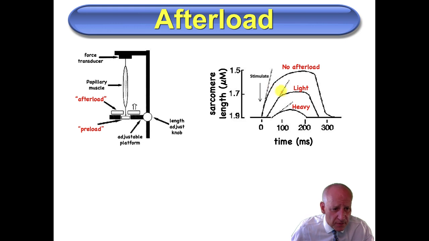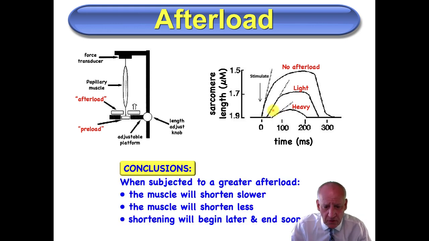If we burden the muscle with greater and greater loads, it will shorten slower, it won't contract as much, and the twitch will be briefer. In addition, as we burden the muscle, the onset of contraction will be delayed. So we can conclude, when subjected to a greater afterload, the muscle will shorten slower, the muscle will shorten less, and the shortening will begin later and end sooner.